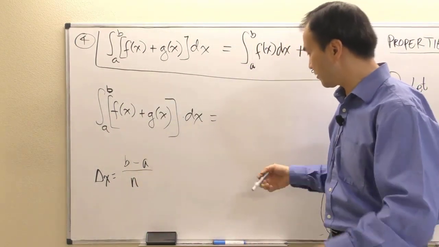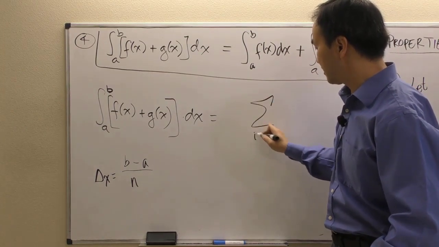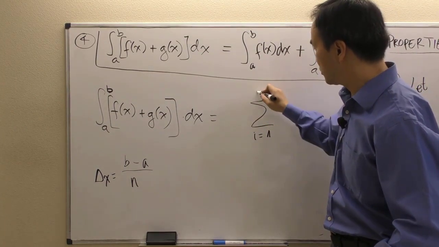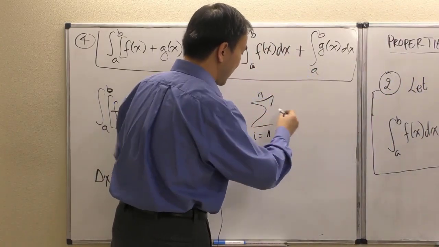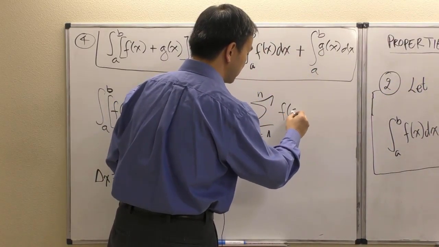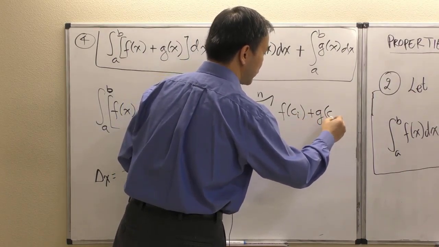And so recall from the Riemann sum that we have to do a summing up. We're summing up all rectangles from the first rectangle to the nth rectangle. And each rectangle now has a height of f of a chosen point ci plus g of a chosen point ci.